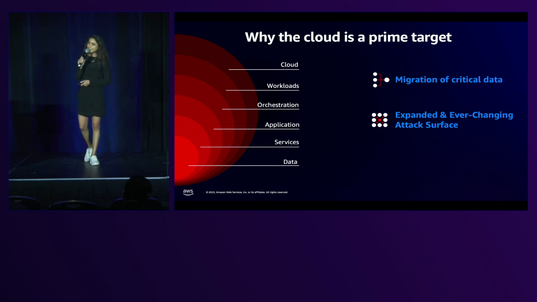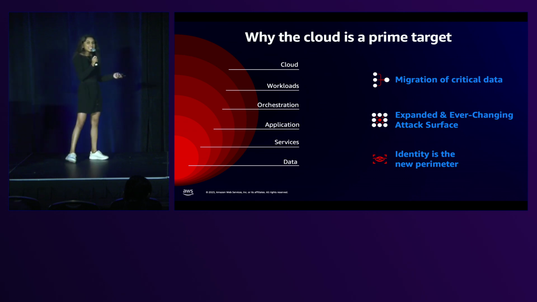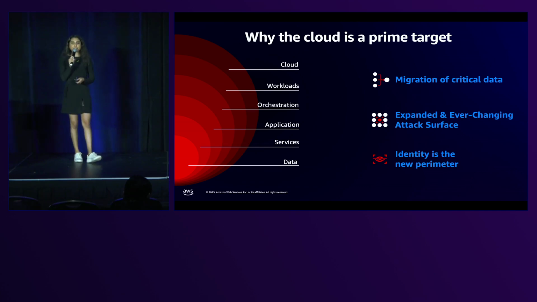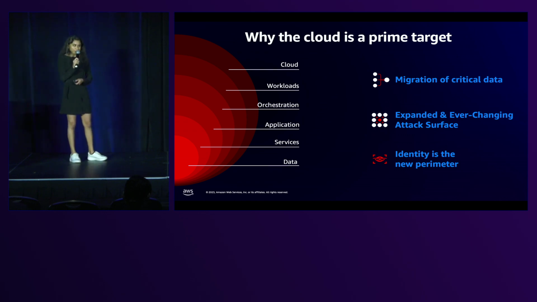And all of this gives attackers even more room to hide. And lastly, unlike traditional on-premise infrastructure, right, which is largely enclosed within defined boundaries, we have cloud activity, which is largely identity-driven. So you have users and services which are accessing resources from a variety of different locations, which makes things a lot harder to keep track of as well.